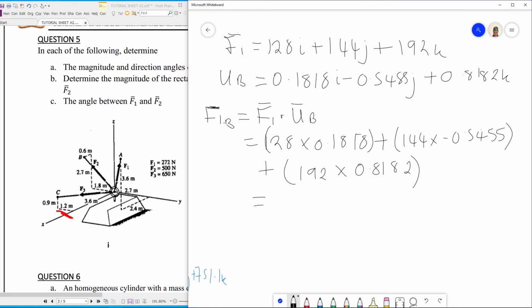You need to verify this in case I've made a mistake. 128 times 0.1818 plus 144 times negative 0.5455 plus 192 times 0.8182.